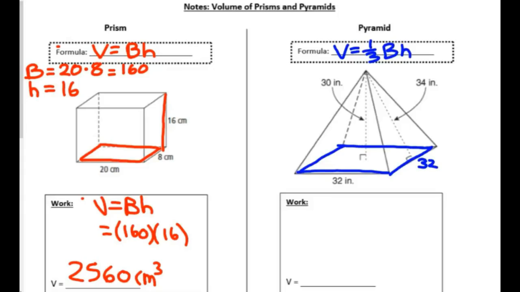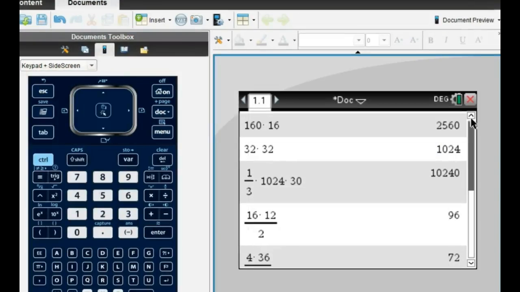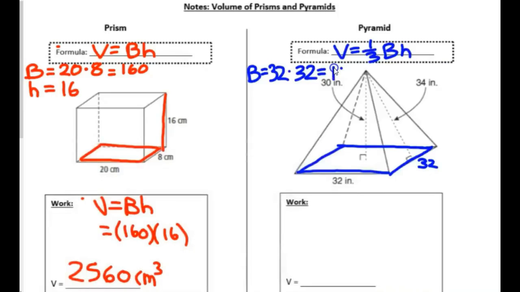So again, capital B means area of the base. How do I figure that out? Okay, yeah, 32 times 32. Yeah, we type it in. We see that we get 1,024. Good.